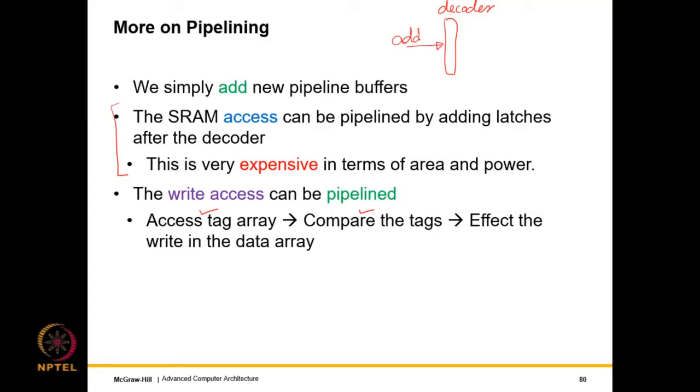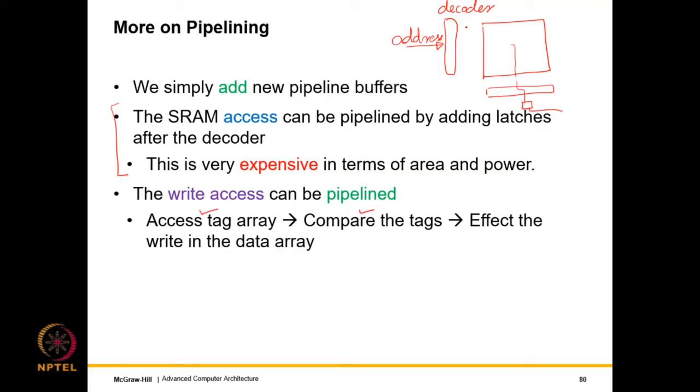The input is the address, and then of course this sets the appropriate word line. Then we go to the SRAM array and read whatever needs to be read. By that time we are expected to have configured the column mux. Finally, the sense amplifiers read the data and the data comes out.